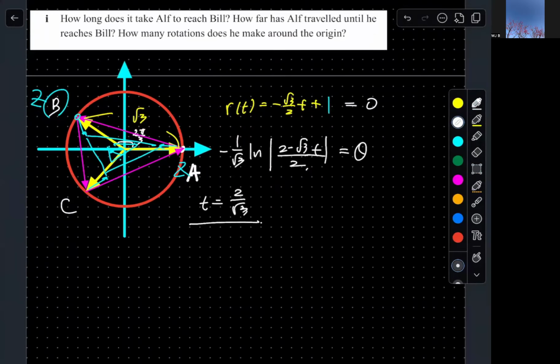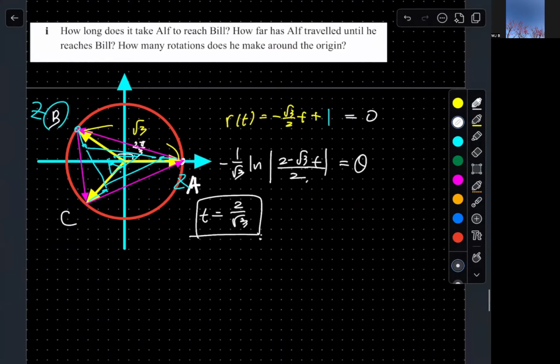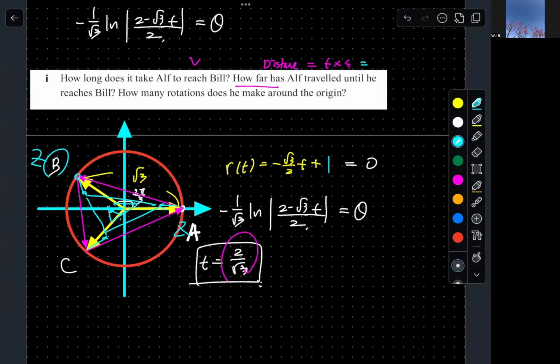And that's going to be the time. Okay, so we found the time, and if it's asking for how far, that's a distance. And as you know, distance is a product of time and speed. But I got the time and speed was 1 unit per second. So the distance is going to be 2 over root 3.